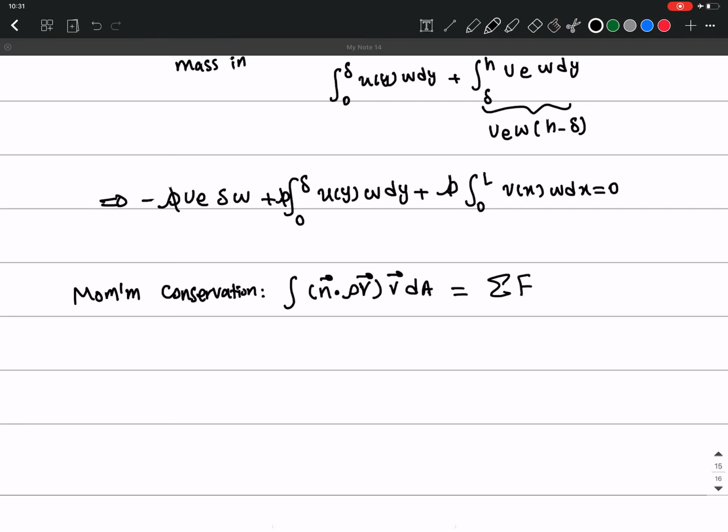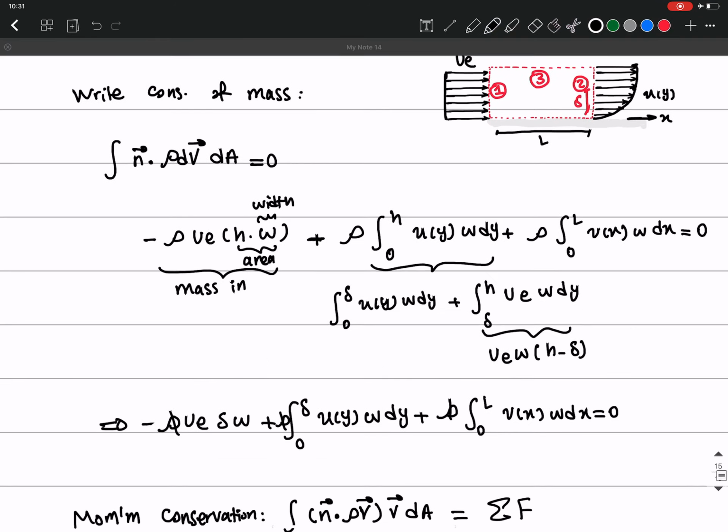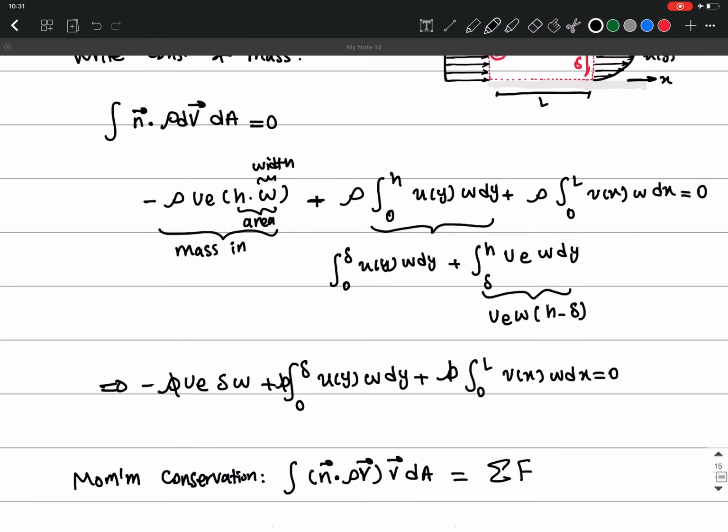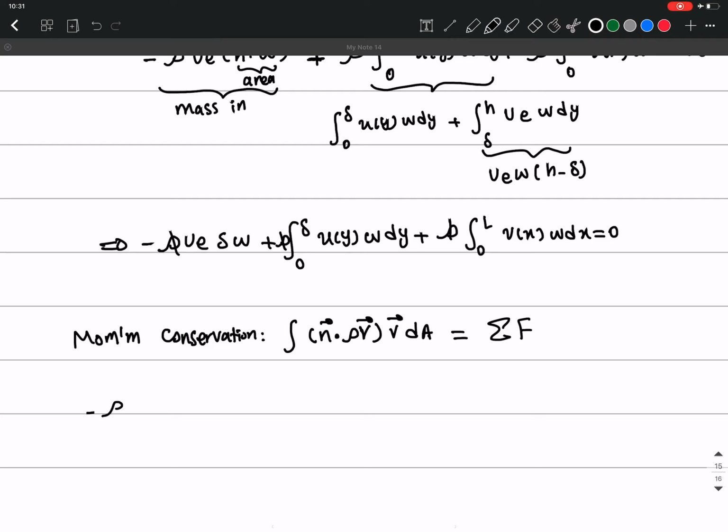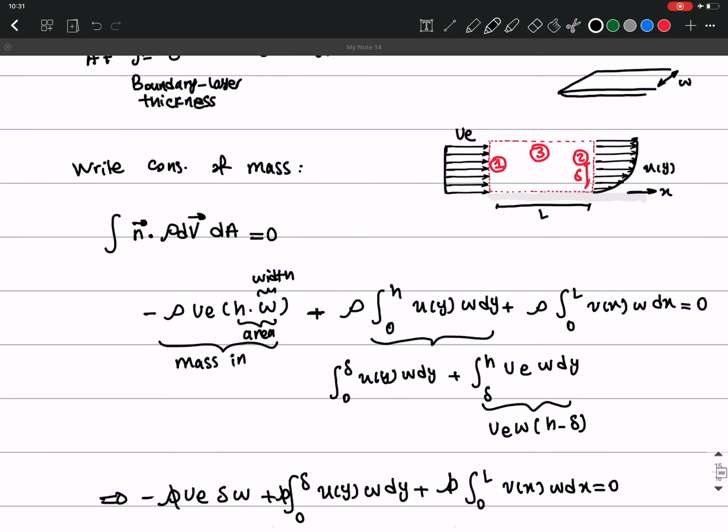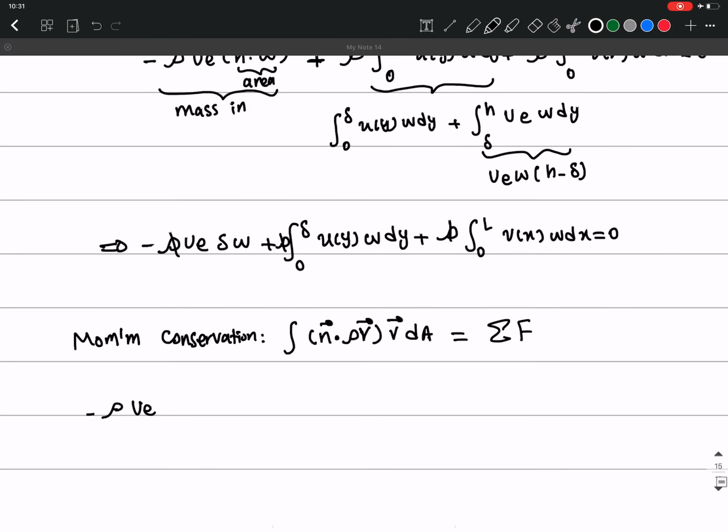So the first thing is here we have velocity, the momentum that goes into the CV. So it is rho minus, because it's going in, so I'm just going to write a negative sign, minus rho UE, okay, times UE HW, and it's in the x direction, so I'm just going to add an i, because we have two directions here.